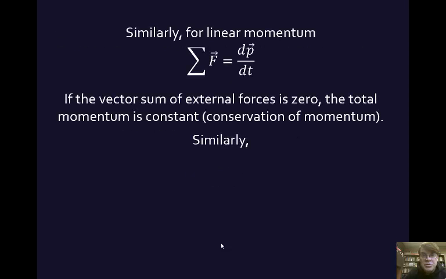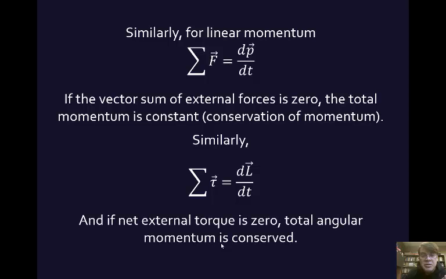And similarly, just like the sum of all the forces is the instantaneous rate of change of linear momentum per time, so the sum of all the torques is the instantaneous rate of change of the angular momentum per time.